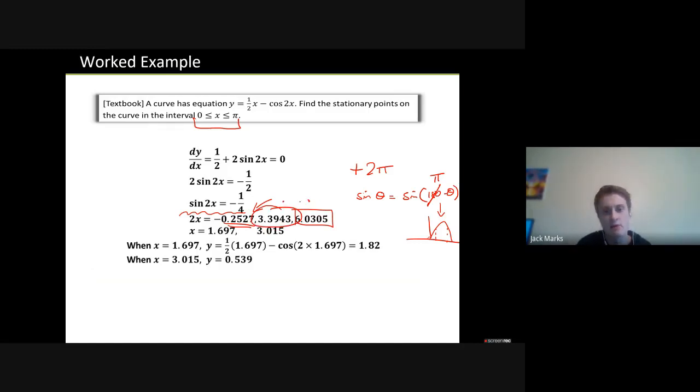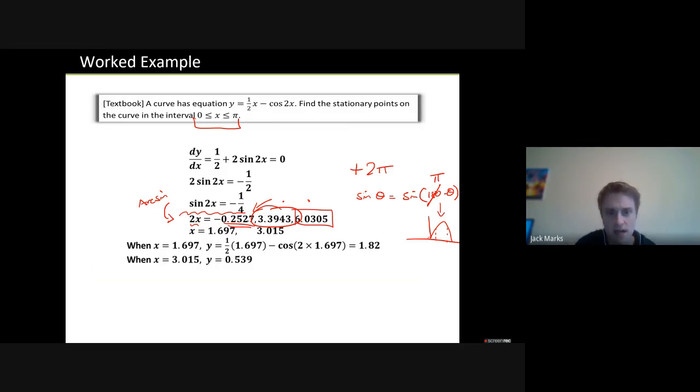Now, why am I going with these two values when 6 is clearly bigger than 3.14? Well, remember, as soon as you do your arc sine, as soon as you undo the sine, that leaves you with this part here. And you'll need to adjust this at the end. But as soon as you do your arc sine, that's when you do your symmetries and you find all your values. It takes place immediately after you use your arc sine.